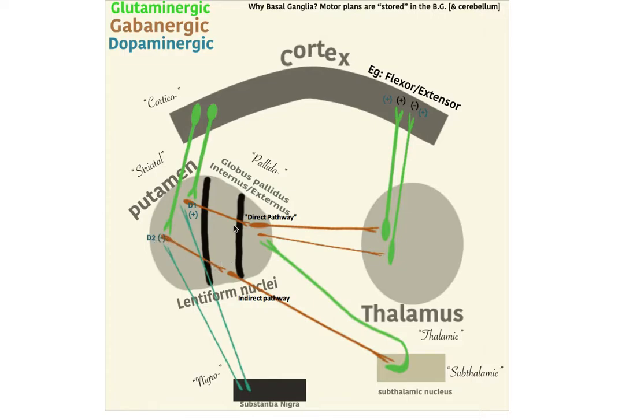This time, instead of having a cell body in the globus pallidus externus, as in the direct pathway, we're going to have a cell body in the internus portion of the globus pallidus. So it sends this signal, activates this GABAergic neuron, and again it inhibits an inhibitor, allowing a release of inhibition on the subthalamic nucleus.